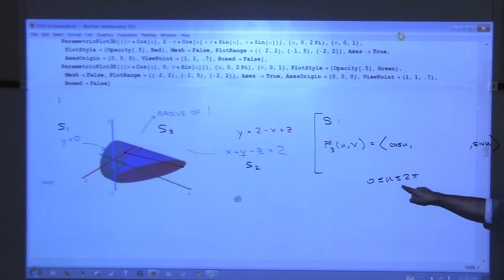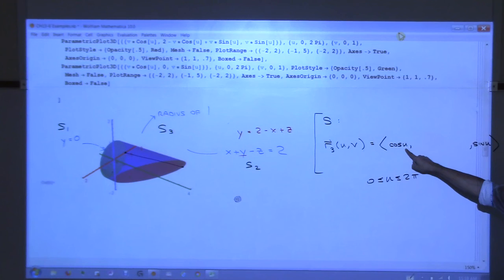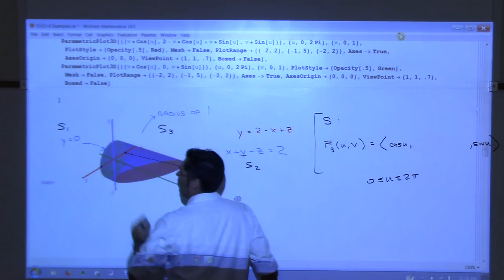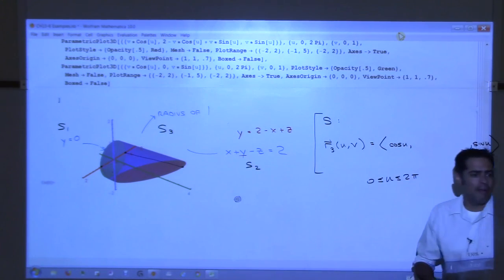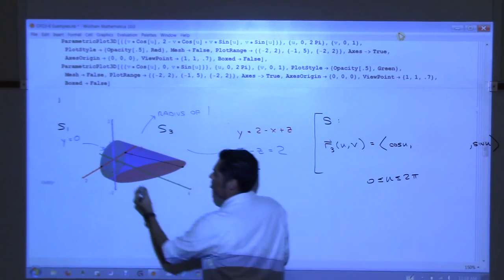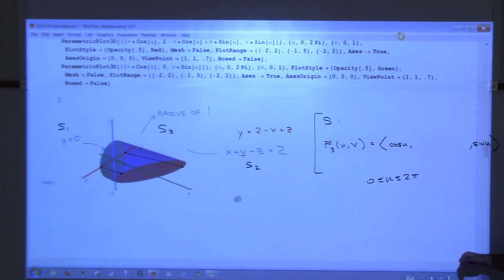Let's pick another value. Let's go with 0. Cosine of 0 is 1. Sine of 0 is 0. So that would put me at this point over here, right? And now I want my y value to go between 0 and, again, stop somewhere on that plane. You see that? Every value between those two.